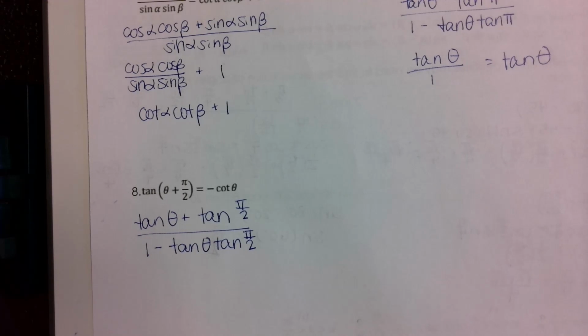So like before, we said we know that tangent of pi was 0, so we could do stuff with that. Do we know what tangent of pi over 2 is? Undefined. So could we rewrite that so that it's not undefined anymore? Or you could do something else with it? How else can you write tangent?